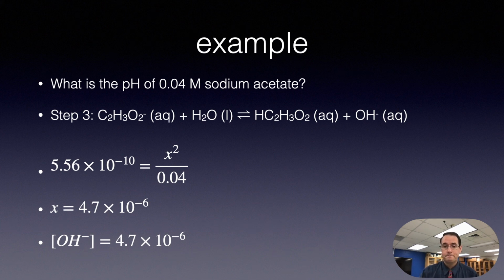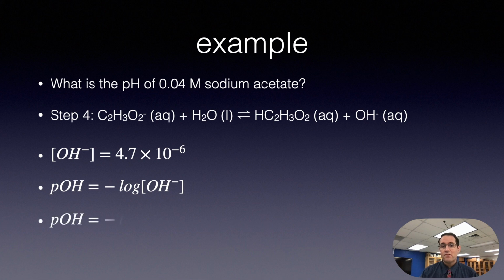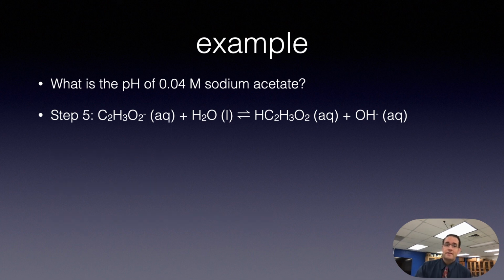Now, what do we do with this hydroxide concentration? The next thing we want to do is calculate pOH. Remember, pOH is minus log of the hydroxide ion concentration. So we slap that in there, make sure you use that negative sign, and you get 5.33, okay? And that's the pOH. Next step, what you want to do is calculate pH.